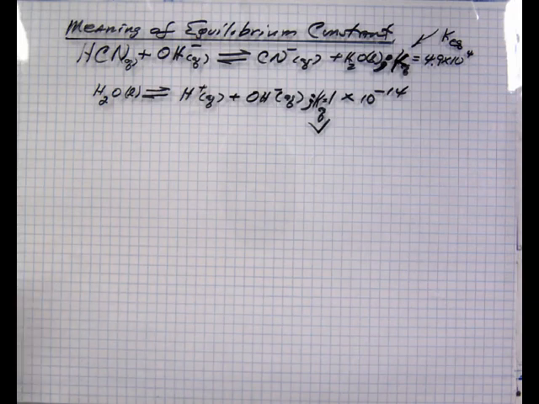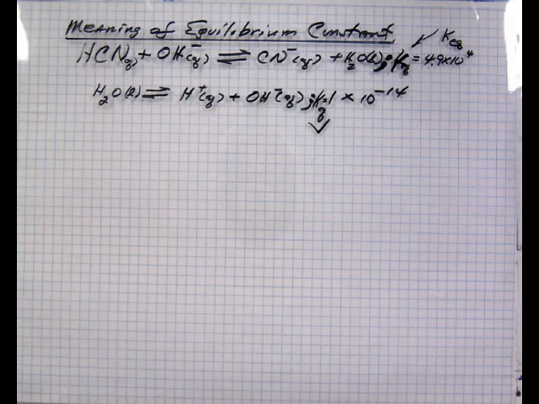Now you'll find these used in a number of cases, and what is typically done in the literature is the K value has a subscript that represents the character and nature of the reaction.